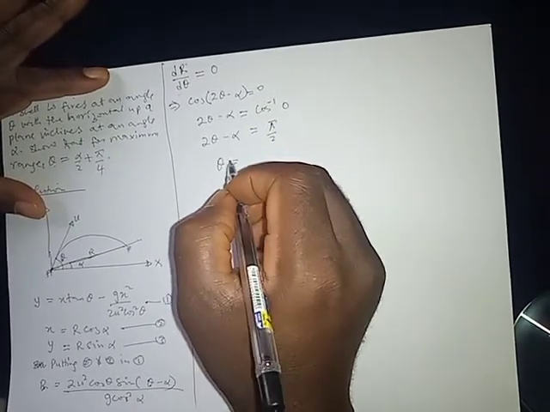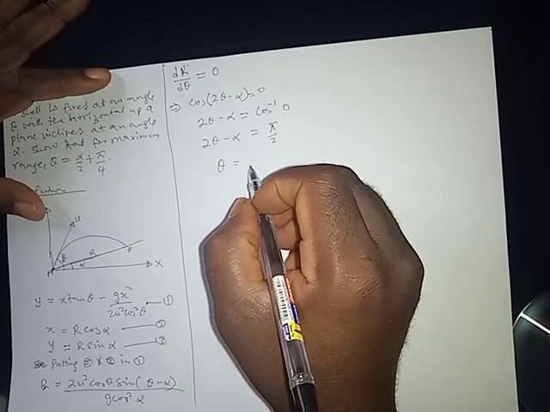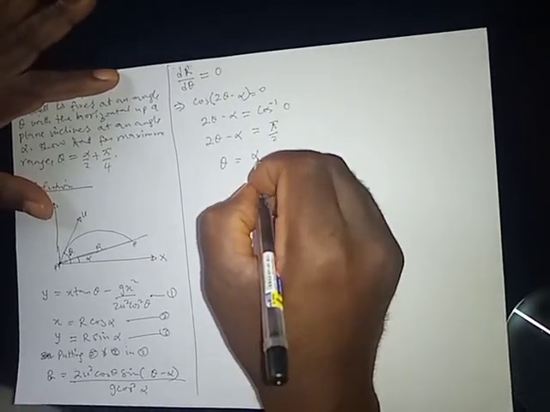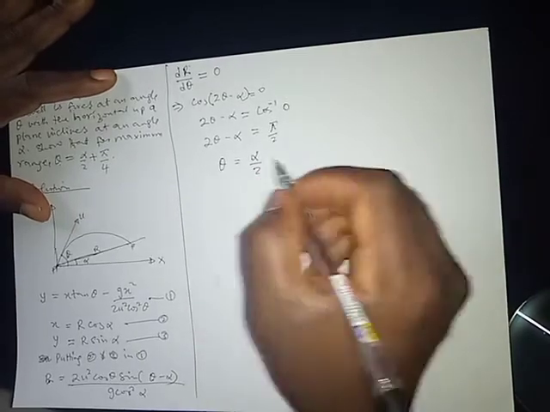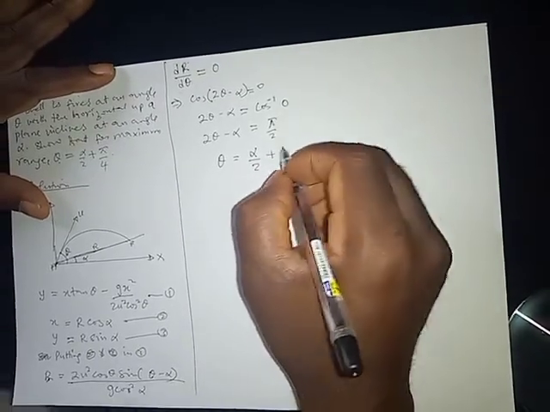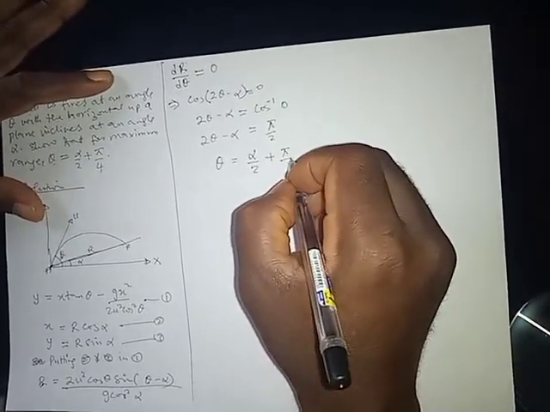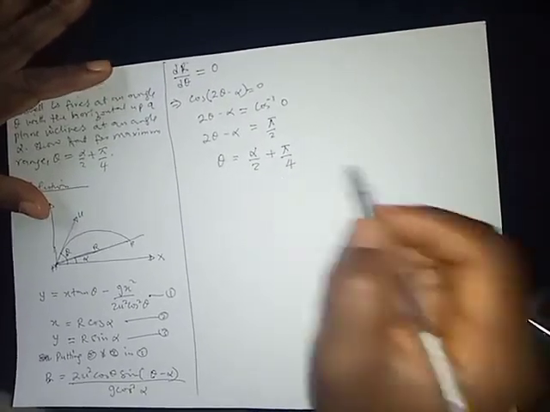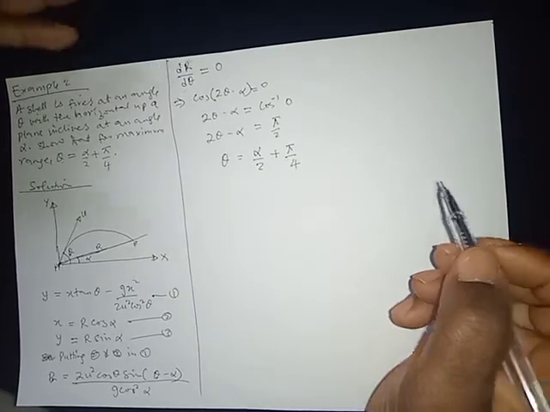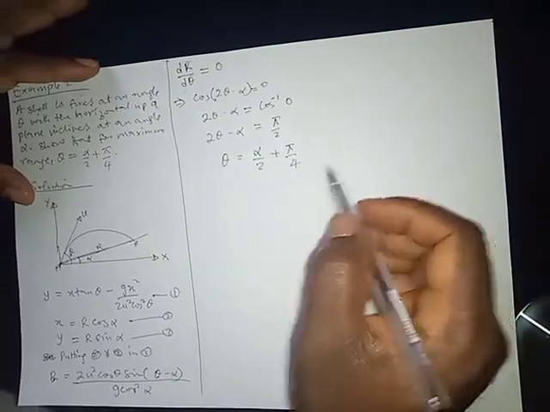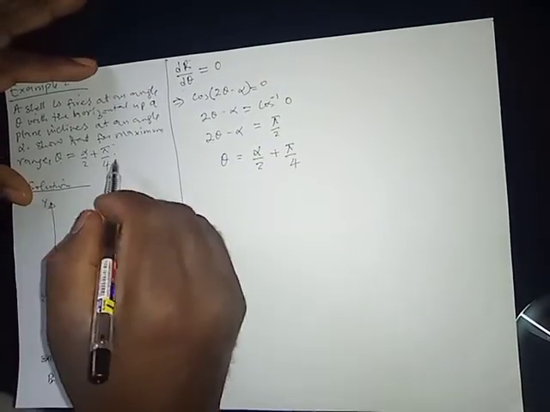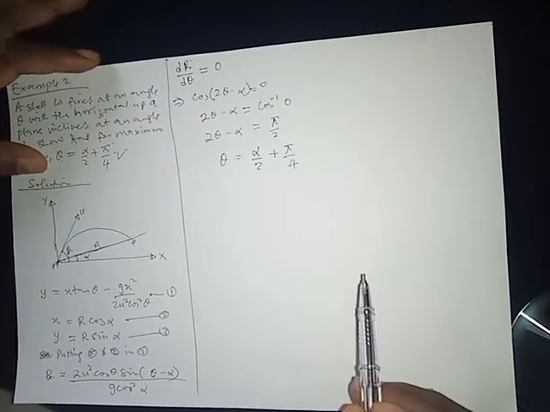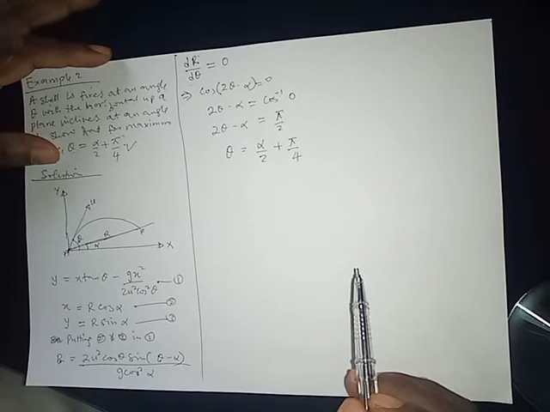Theta is equal to, this alpha goes to the other side, so plus alpha, divided by 2, also plus pi divided by 4. So that is the solution to this problem. We have been able to obtain theta as alpha over 2 plus pi over 4.